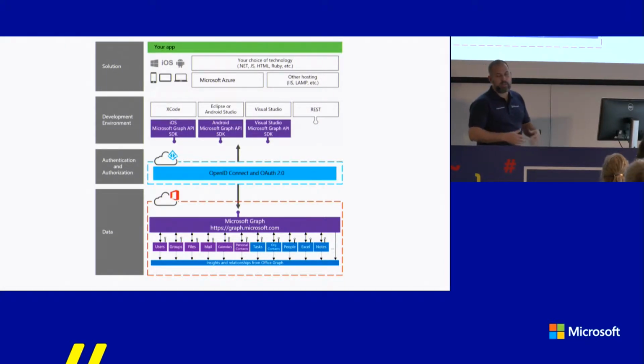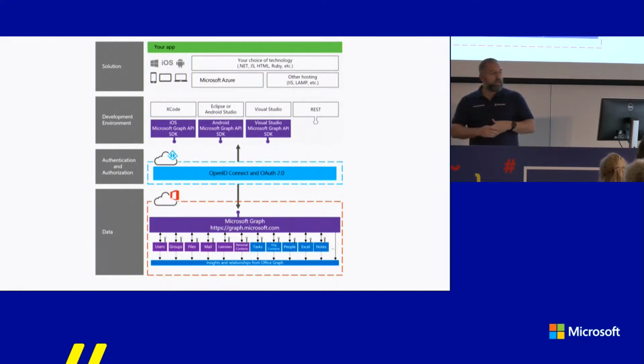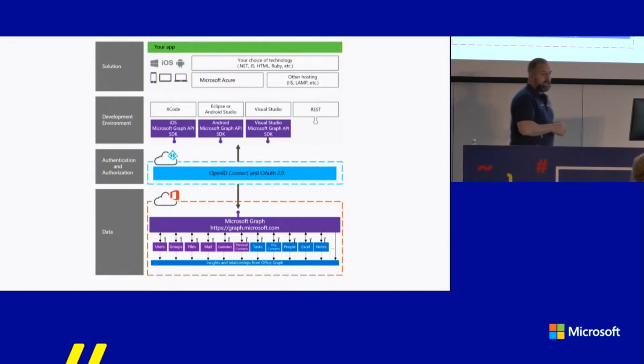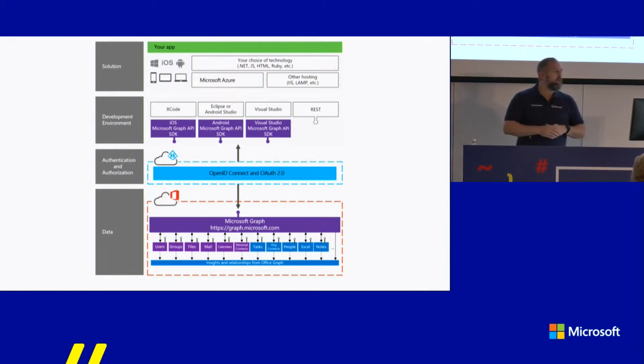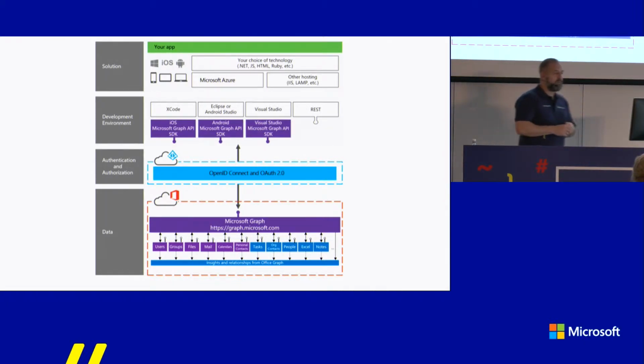We're going to be in the Angular demo using Hello.js for getting our access token. So the development environment has a lot more options in that level, but there's no way to fit it all on a slide. And then at the top, you have your choices of technology between .NET, JavaScript, plain old HTML. You can host things on Azure or other platforms as well.